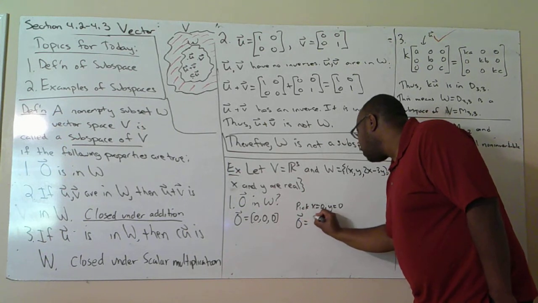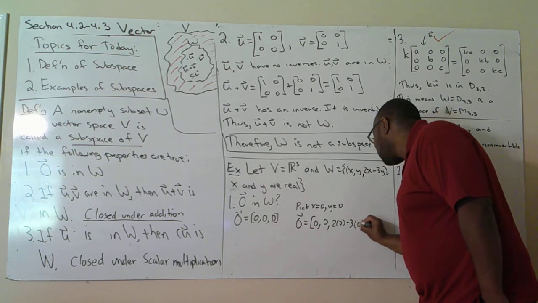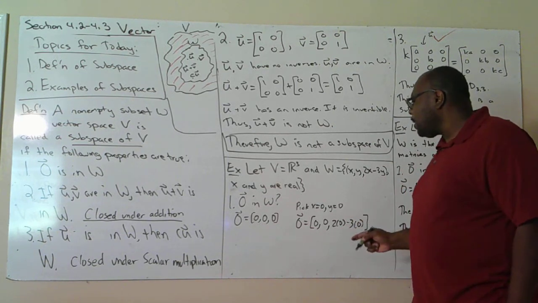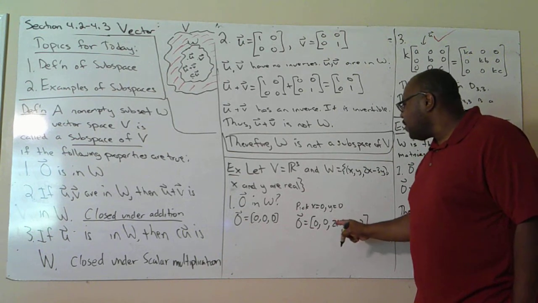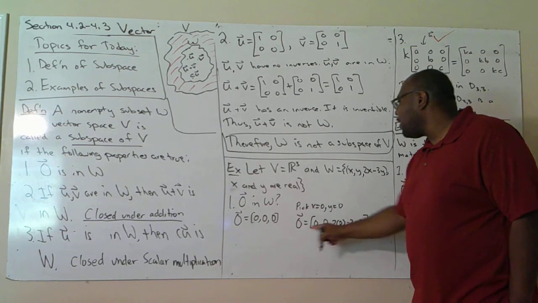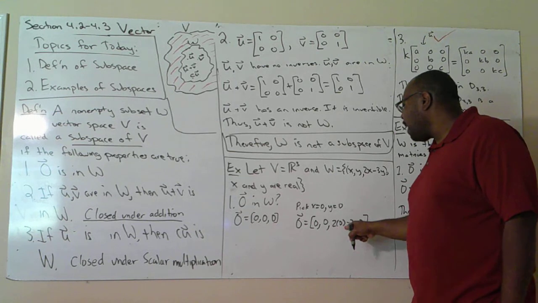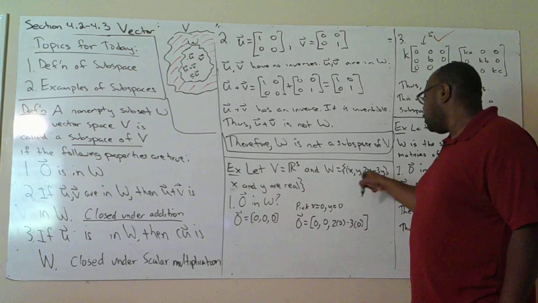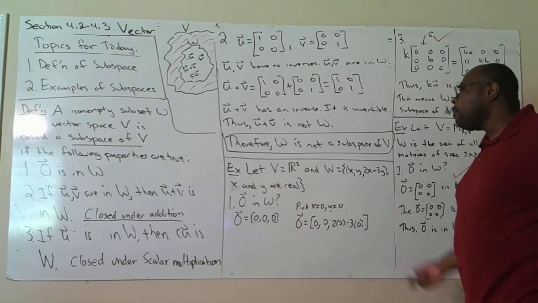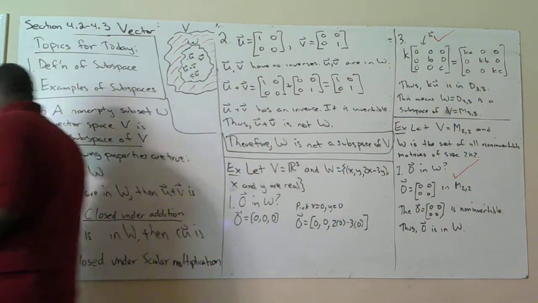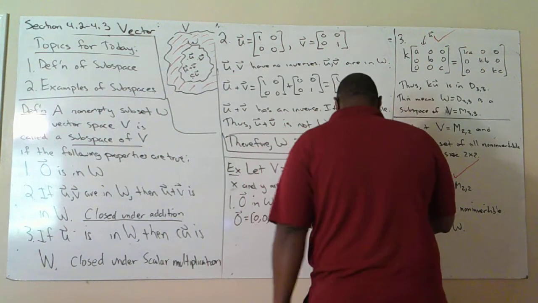We have the zero vector is equal to X, Y, 2 times 0 minus 3 times 0. 2 times 0 minus 3 times 0, by the way, is 0, right? So the zero vector is in W, because I can write it in this form: 0, 0, 2 times 0 minus 3 times 0, right? 2 times X minus 3 times Y, same thing. So that means that the zero vector is in W. Check.